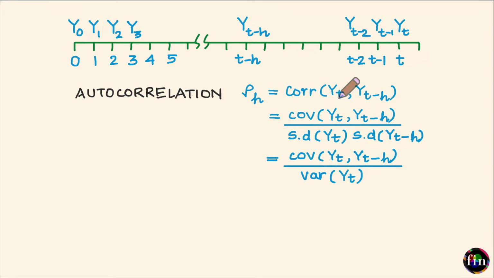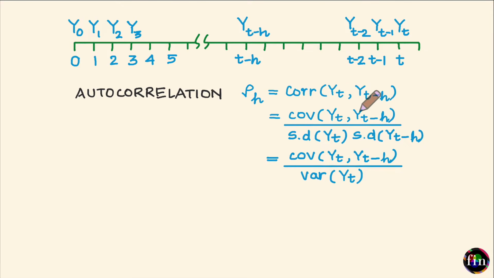If I assume that these two are just simple random variables, I can use the formula for correlation and work out this autocorrelation to be equal to the covariance between yt and yt minus h, divided by the standard deviation of yt and also divided by the standard deviation of yt minus h.